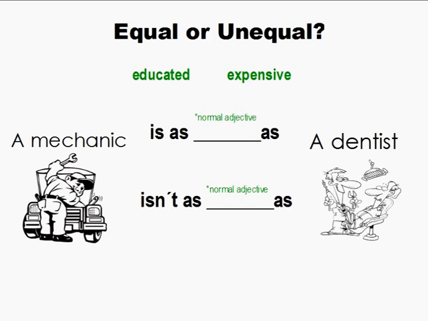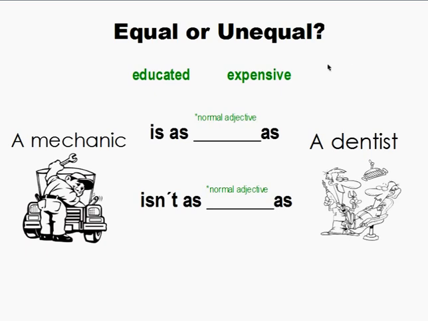Okay. So let's look at some more adjectives, like educated and expensive. I want you to think, between a mechanic and a dentist, are these equal or unequal adjectives? Let's look at expensive. Do you think a mechanic is more expensive or a dentist is more expensive if you visit?